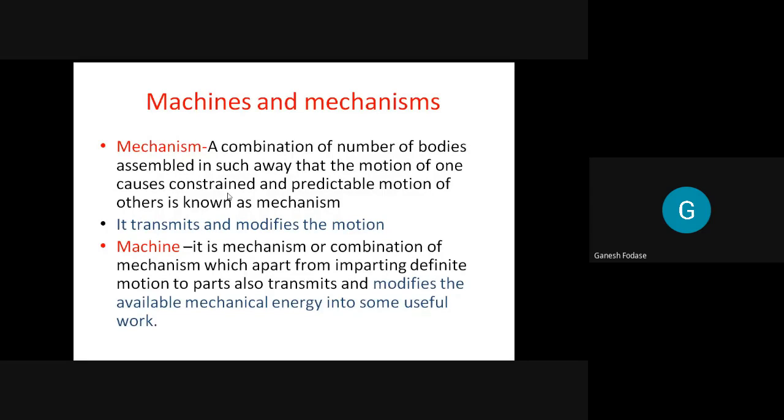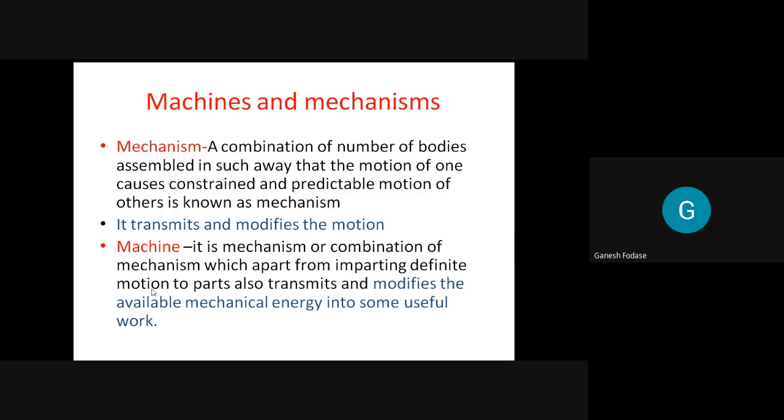Now what mechanism do basically? It transmits and modifies the motion. So mechanism is used only to transmit and modify the motion. Now what is difference between machine and mechanism? When I talk about machine, it is a mechanism only, or you can say it is combination of mechanisms which, apart from imparting definite motion to parts, also transmits as well as modifies the available mechanical energy into some useful work.